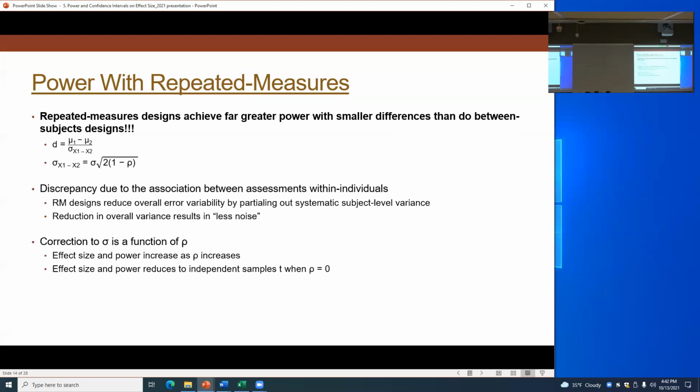And what ends up happening is we have very powerful designs, because even with only a few people, you're already benefiting from everybody serving as their own controls, but then the correlation between those two measures makes these incredibly powerful. Even small deviations across groups, you're able to pick up as an effect.